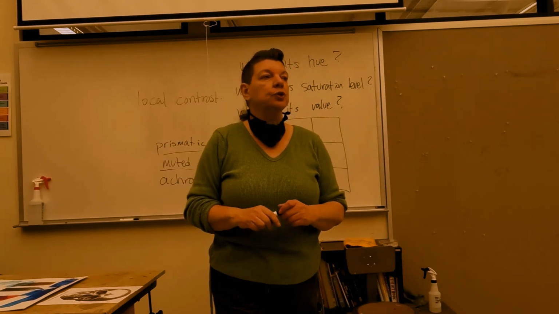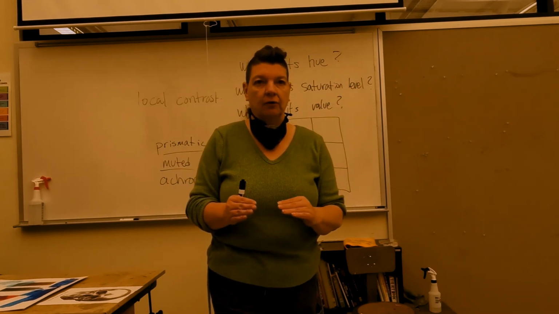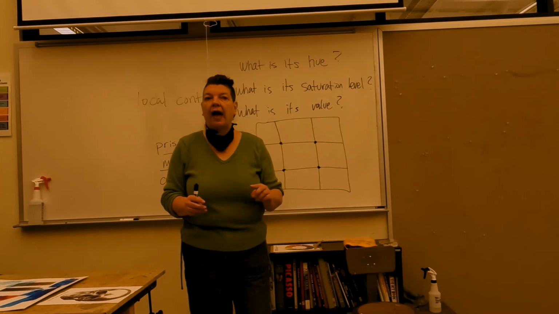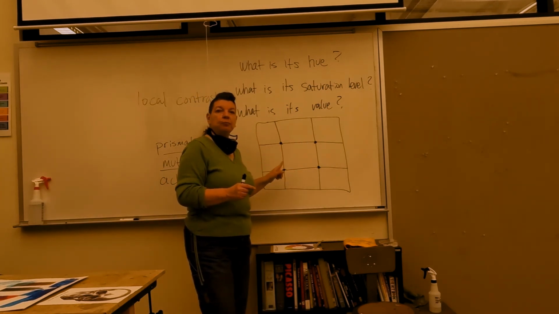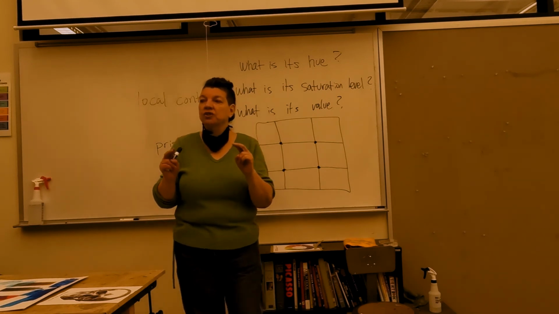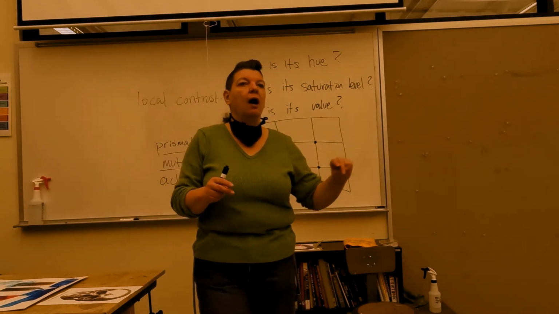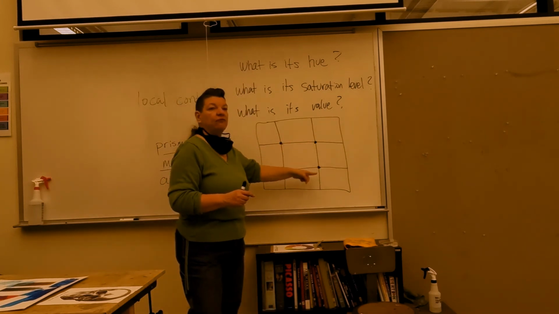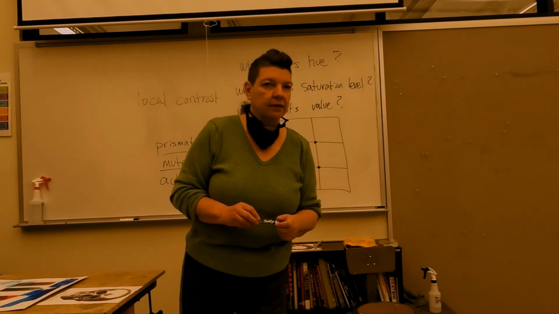So I want you to reformat your images, okay? And when you do that, I want you to zero in and I want you to put the most important thing to you on one of these 4 points. Does that make sense?